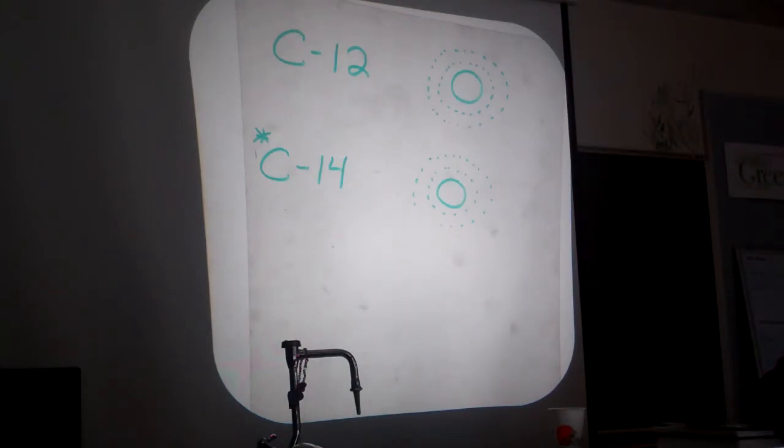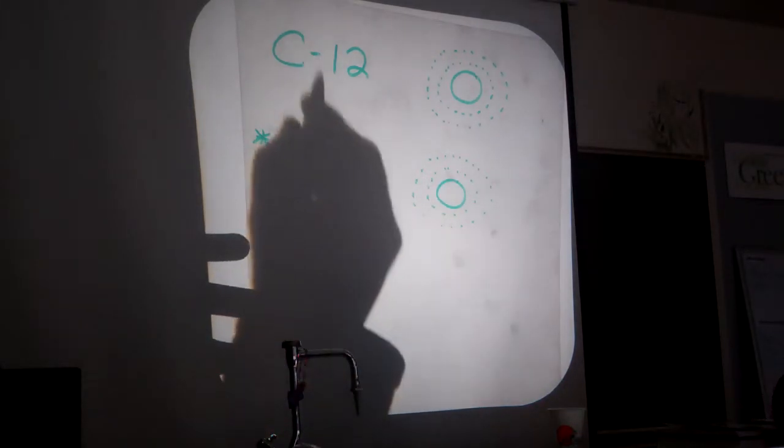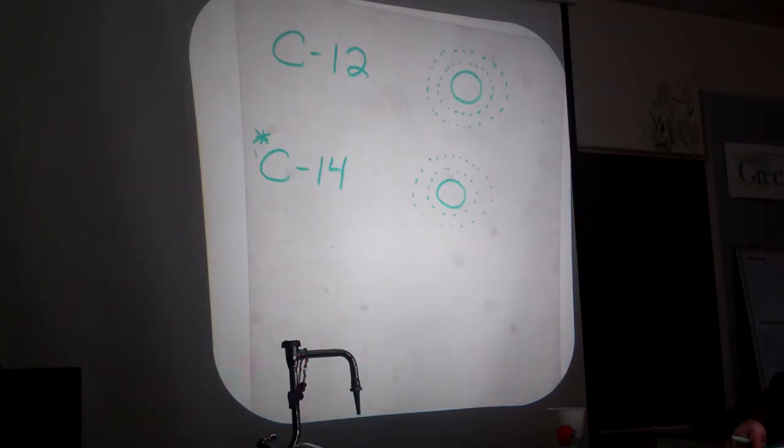Here's the deal. Carbon 12, carbon 14, both of them are carbon. Since both of them are carbon, I know for a fact both of them will have the same number of protons. How many protons is it going to have? 6.